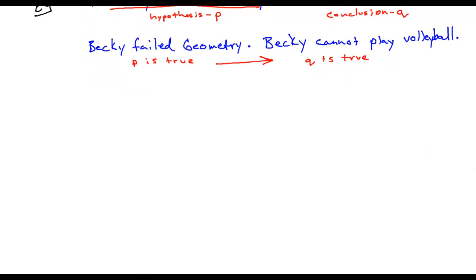We're going to do one other one now. There's another law. This one is called the law of syllogism. Some people say syllogism. I say syllogism, but the law of syllogism.